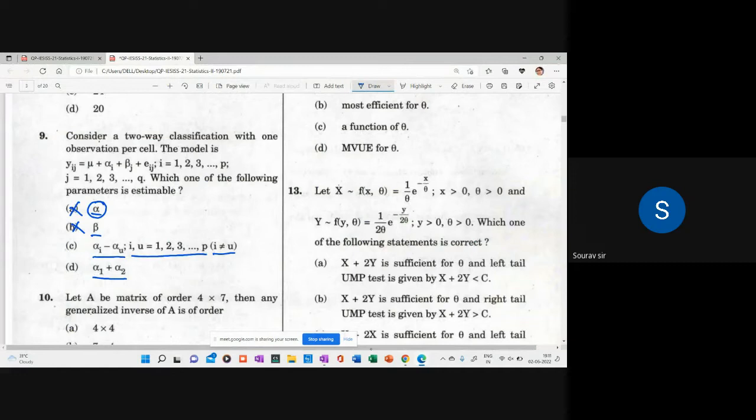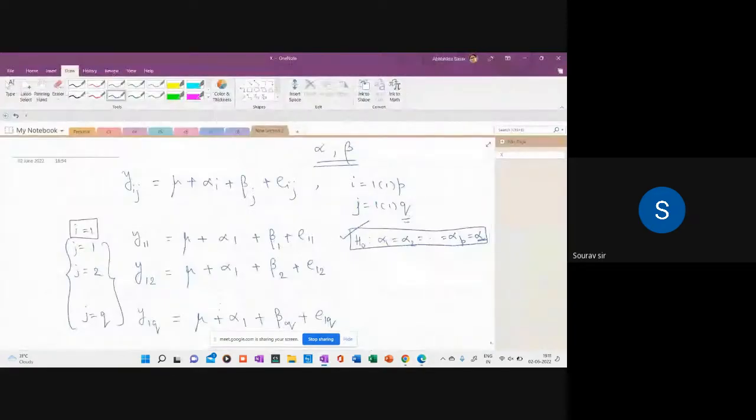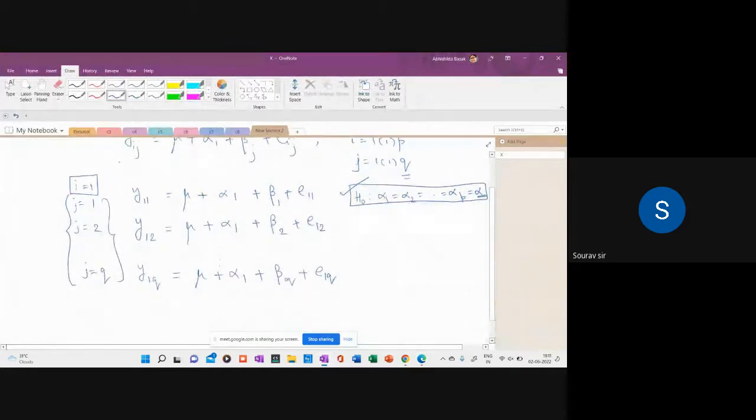Next, alpha 1 plus alpha 2. If you look at this writing very carefully, we are fixing i and moving j. Not both at a time. Whenever we are moving j and fixing i, we are not getting alpha 1 plus alpha 2, these two terms, at the same time. So it's impossible to estimate this whole thing together, since we are getting these two things separately.